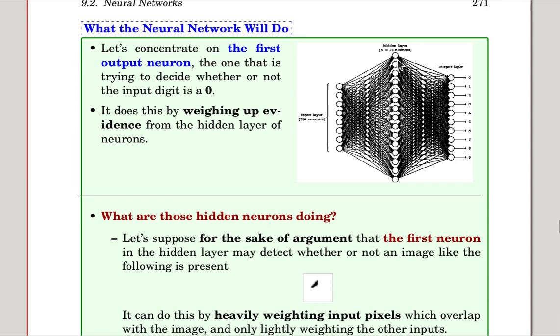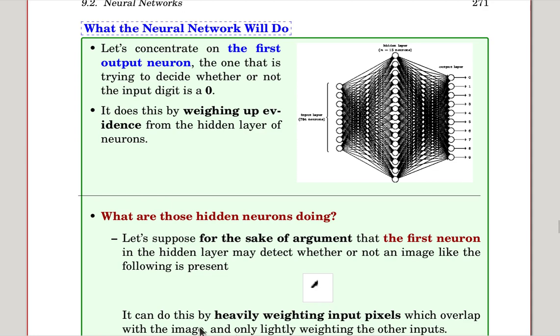The first neuron in this hidden layer may try to detect whether or not an image like the following is present, so that in some portion of the image, it tries to detect this kind of shape. Once this shape appears, the neuron is fired with a strong value, and sends the signal to the upper layer strongly.